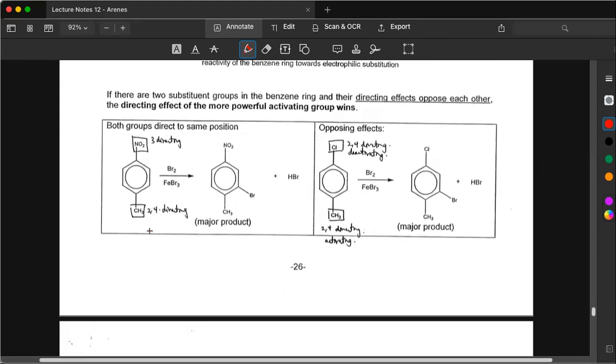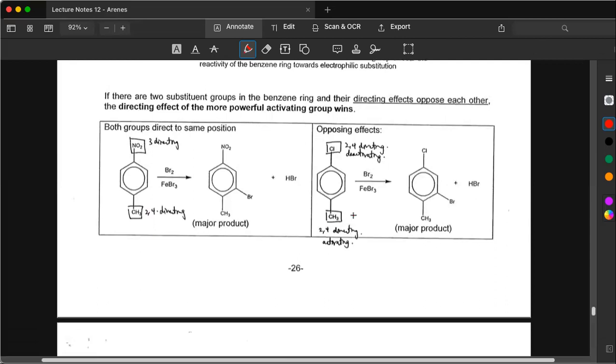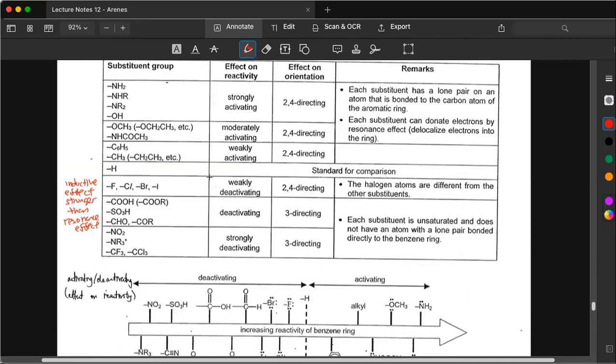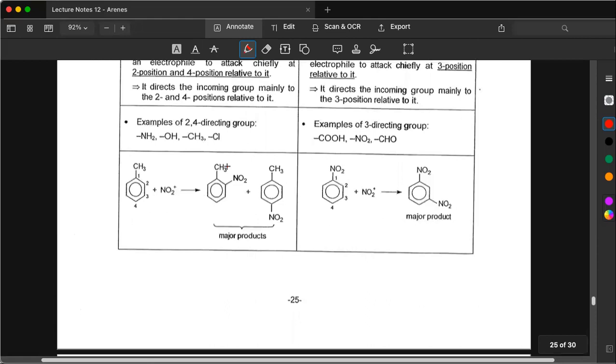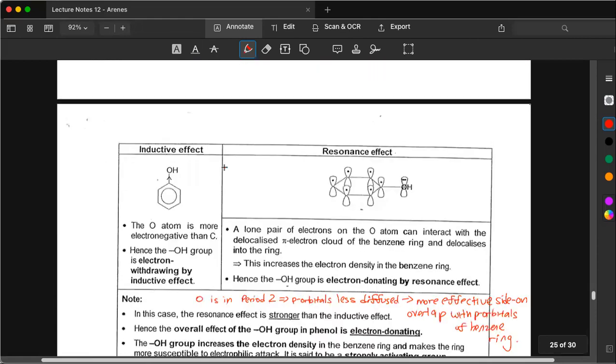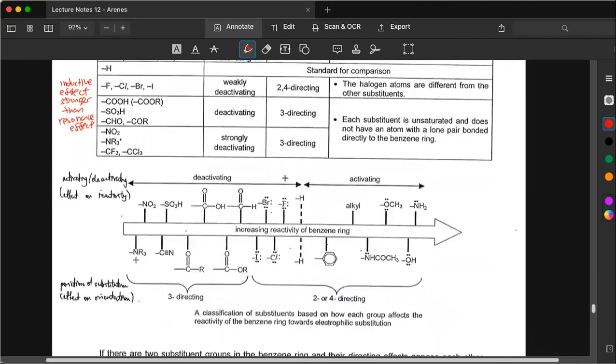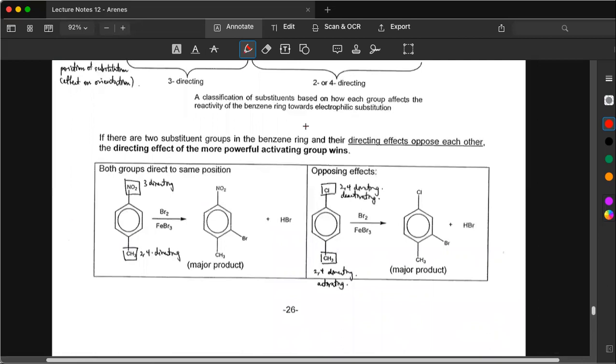Cl is only considered weak, but CH3 is activating. The activating group wins. If you have both an activating and a deactivating group, just follow the activating one.